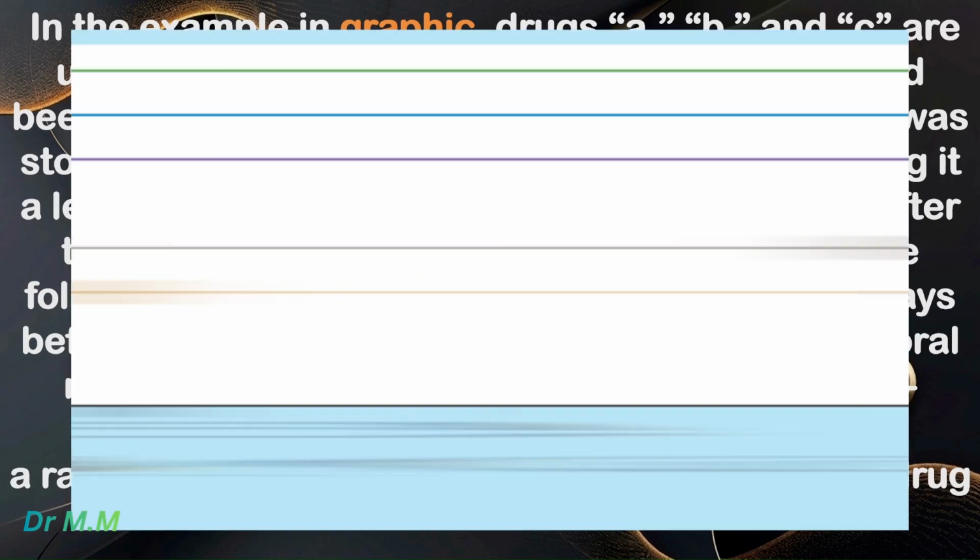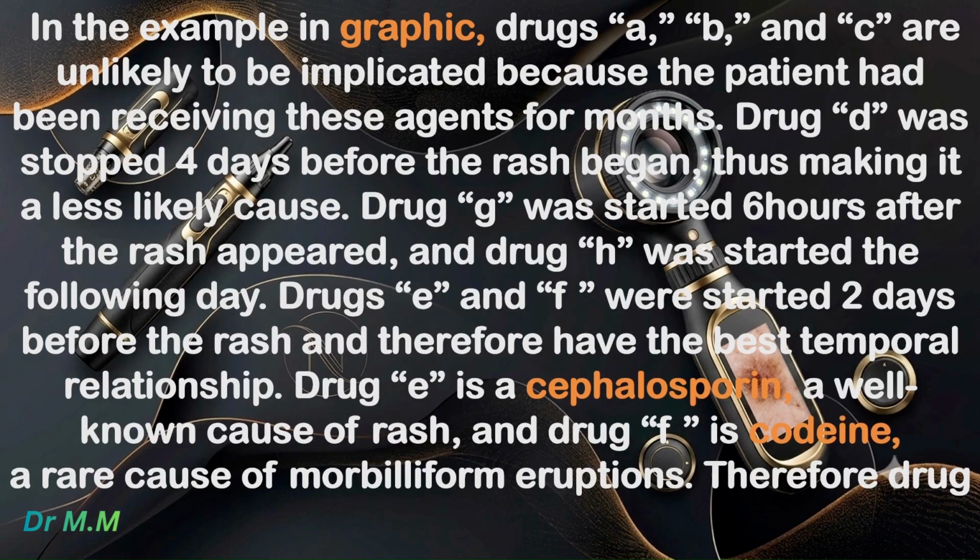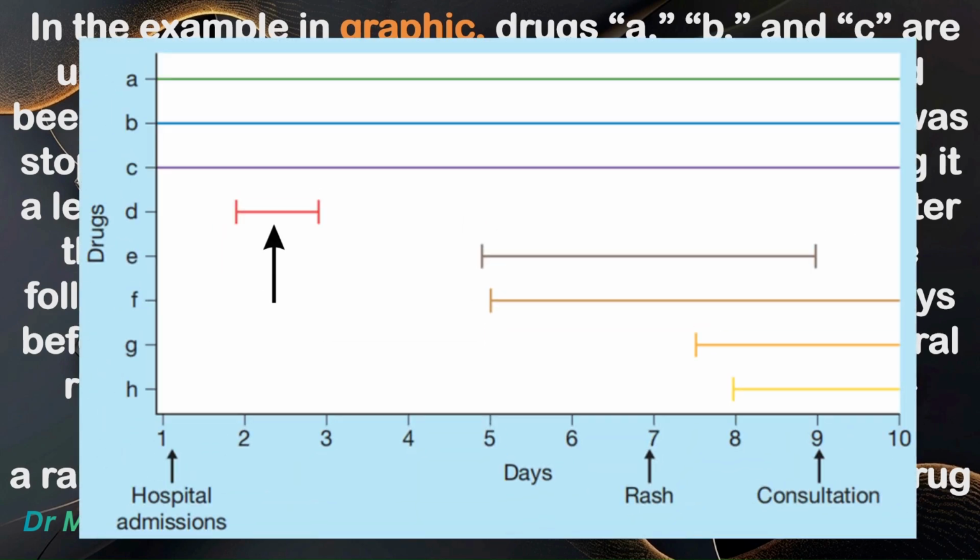In the example in the graphic, drugs A, B, and C are unlikely to be implicated because the patient had been receiving these agents for months. Drug D was stopped 4 days before the rash began, thus making it a less likely cause. Drug G was started 6 hours after the rash appeared, and drug H was started the following day.